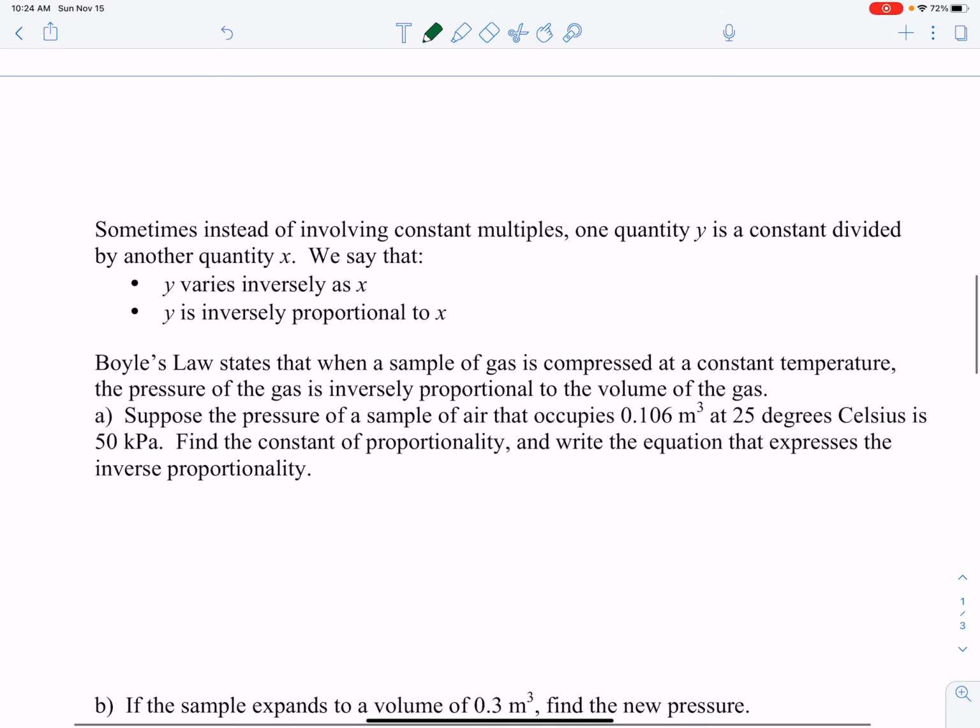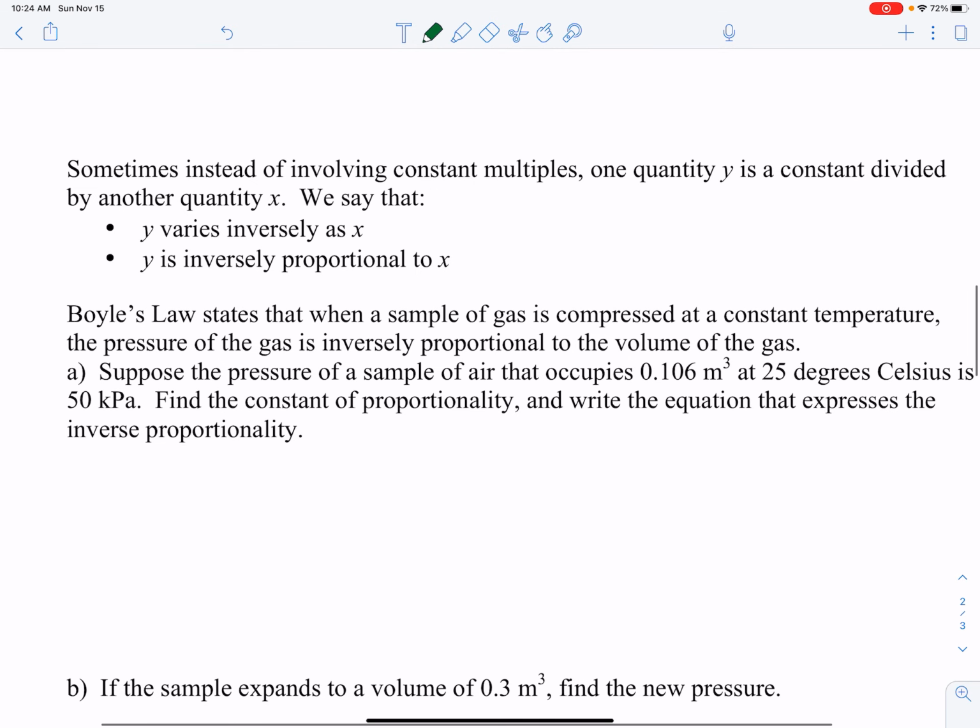But before we get to that one, we need to talk about a different type of variation. Sometimes instead of one variable being a constant times another variable, we're going to have equations where one variable is a constant divided by another variable. That's what's called, instead of direct variation, inverse variation.